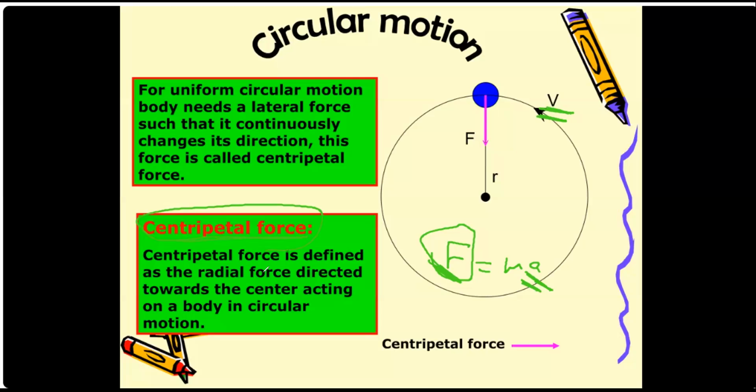Because if it wasn't for that force, this body might as well move off at a tangent, right? If it's here, it can very well move off at a tangent. But it is this force, the centripetal force, that keeps tugging at this body so that it doesn't move off at a tangent, but takes the path of the circle.